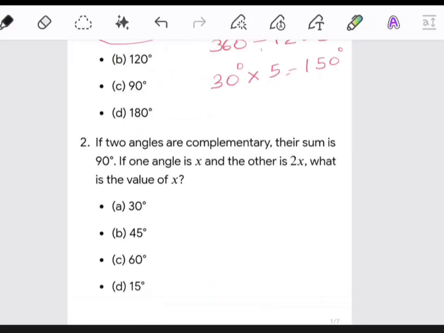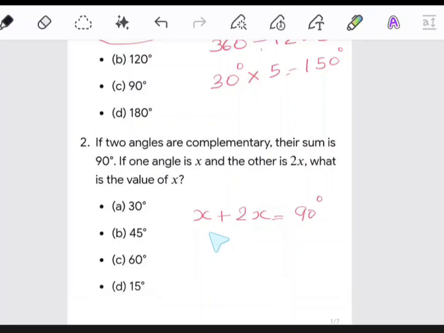Second question. If two angles are complementary, their sum is 90 degrees. If one angle is x and the other is 2x, what is the value of x? Here we can write one equation: x plus 2x is 90 degrees.